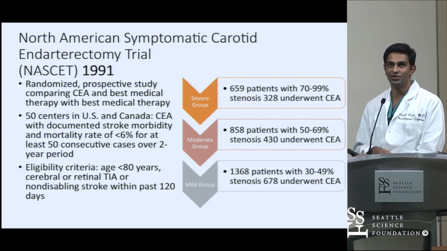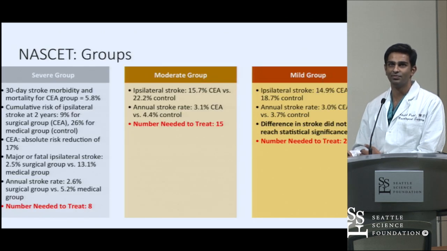A large number of patients were collected over a variety of centers, but they tried to make sure that the surgeons were capable of doing the procedure before letting them be enrolled in the study. So they stratified their patients into different levels of stenosis: severe group, moderate group, mild group, and looked at how these different stratifications would pan out.